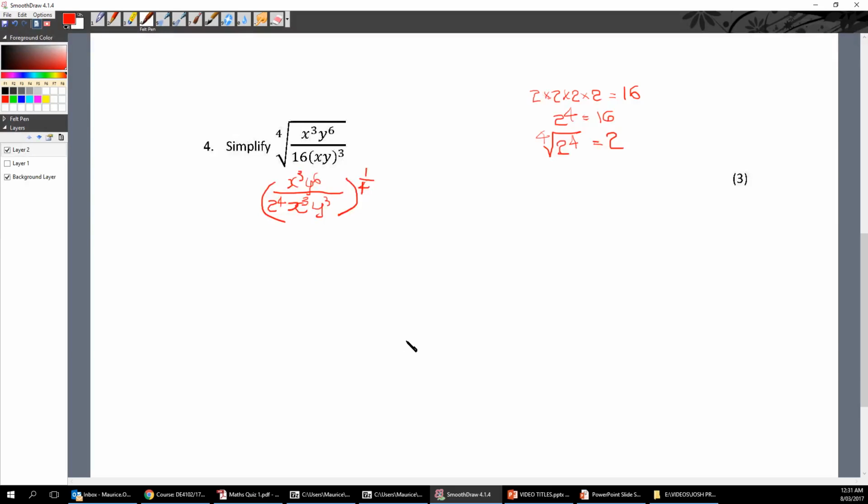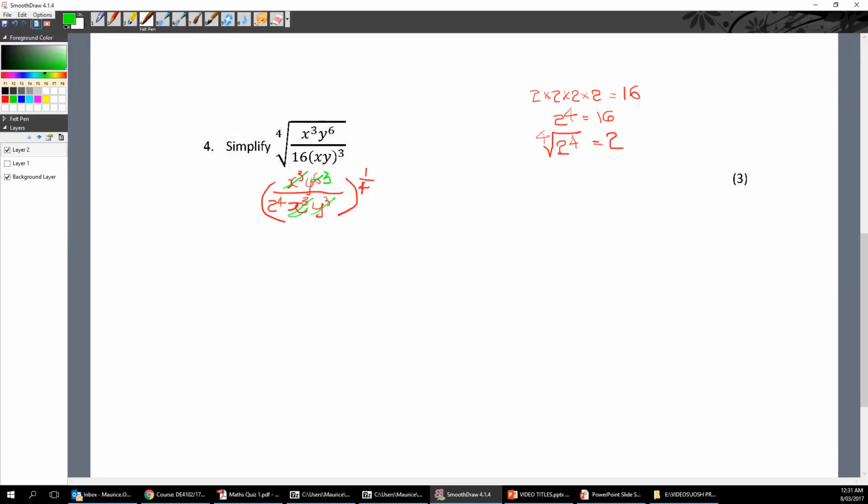Okay, so now it's all in indices, but straight away I think we can see here that we've got an x cubed on the bottom, which we could cross out there. We've got an x cubed there, and we've got a y cubed here on the bottom, and a y to the 6th up the top. So we could just cross out that and make it a 3. Okay, just like so.